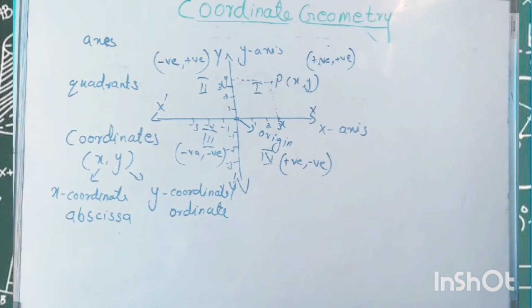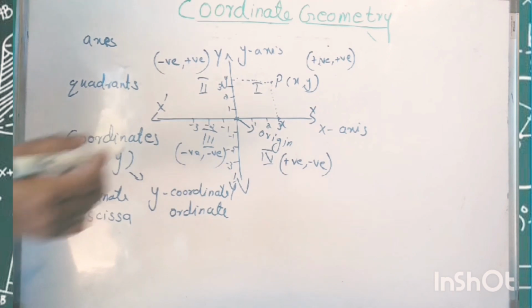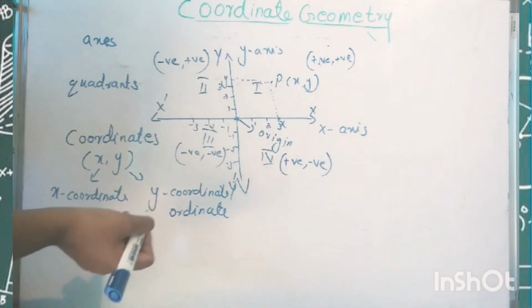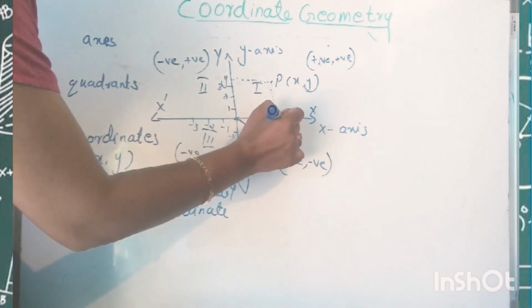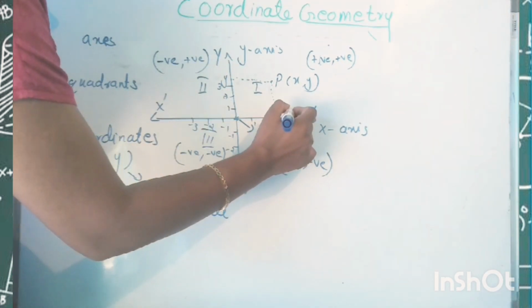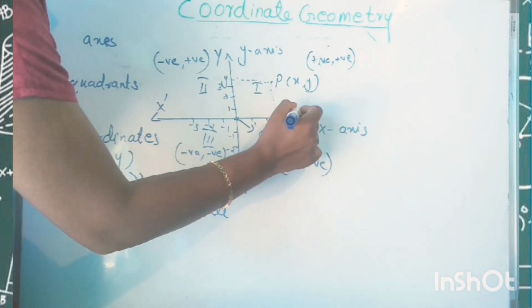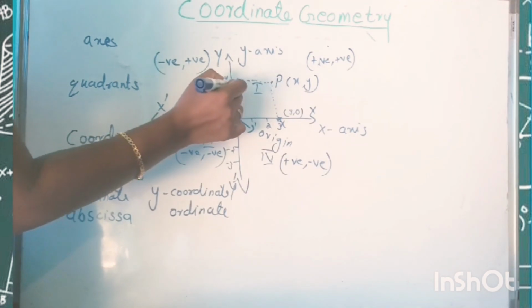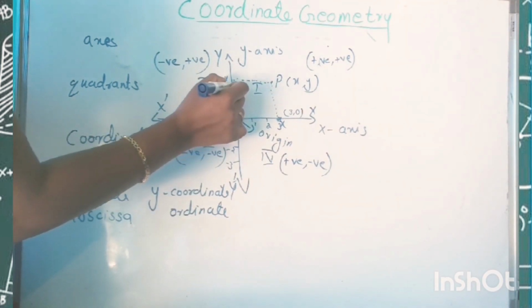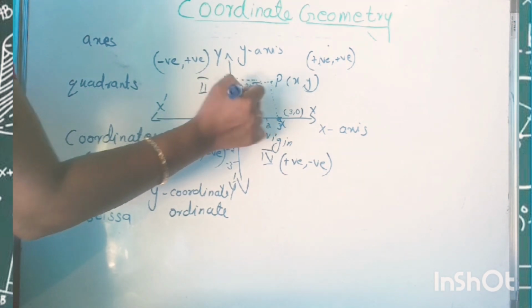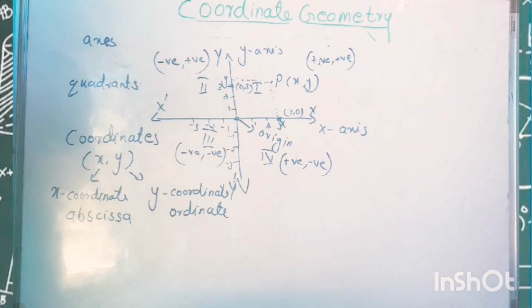Now suppose you have one point on the x-axis. Suppose this is your point, the coordinates of that point are 3, 0. And if you have a point on the y-axis, suppose this is your point, then the coordinates are 0, 3.